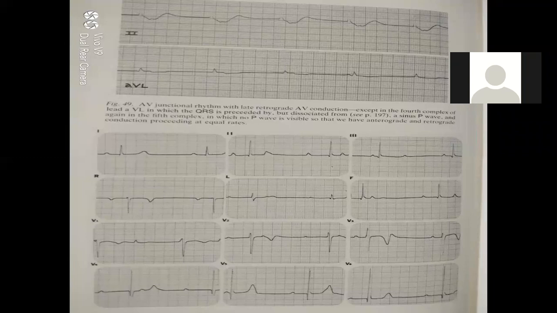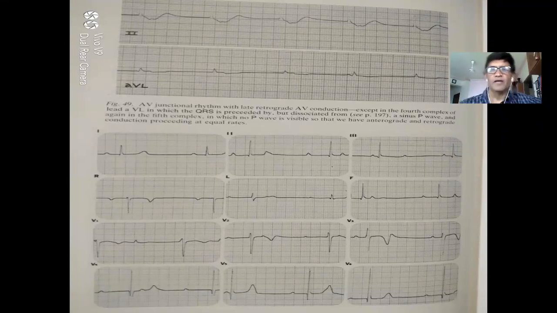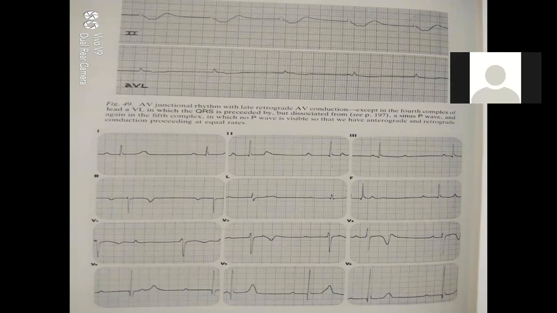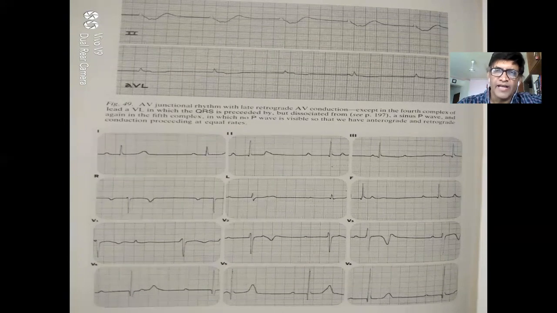Repeat, sir. Hope you're not feeling sleepy. You want chai? The PR interval keeps increasing in every complex following the earlier one. In heart block 1, the PR interval is constant in all the complexes. If it is 10 in the first, the second is also 10, maybe 11.